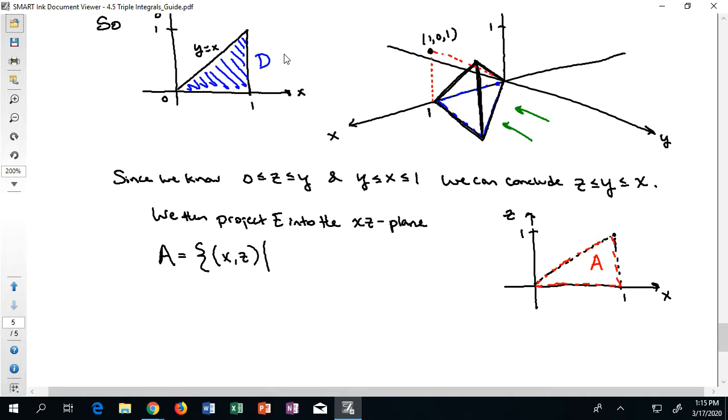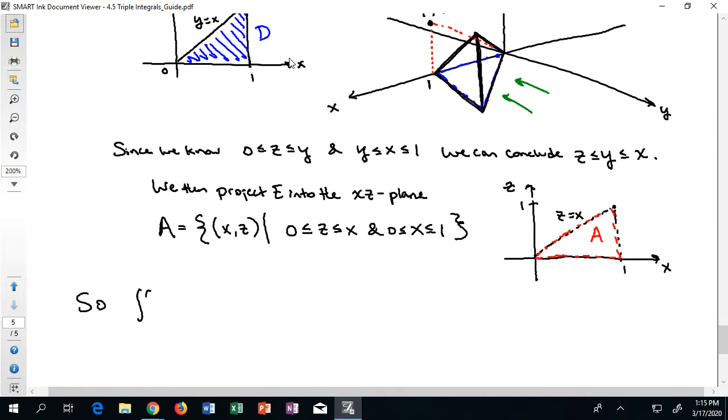Okay, so the result that I'm getting would be that the line that I have here is just z equals x, and so I can see that z is bounded between 0 and x, and x is bounded between 0 and 1. So I could say that my triple integral, when I reverse the order of integration, well, let me word it like this.